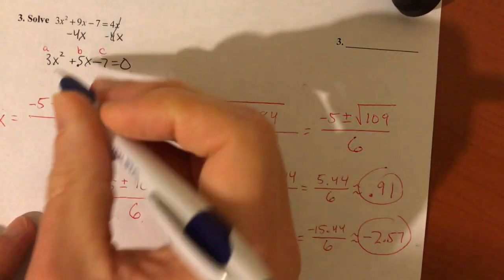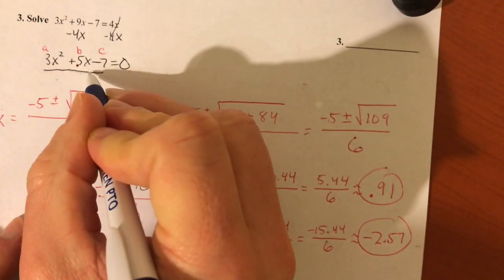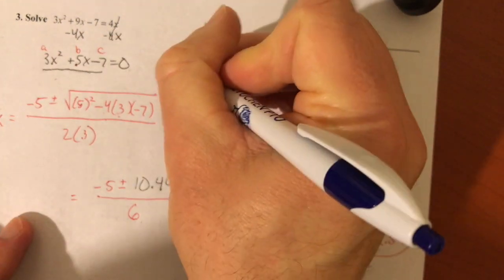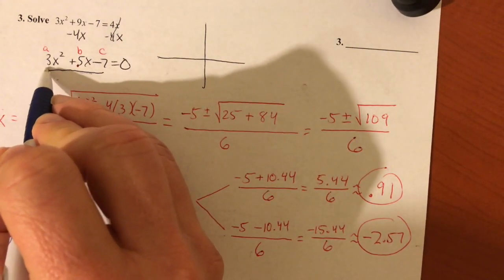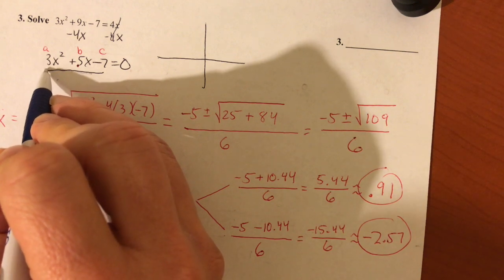and if you want to check this out on Desmos to see it, I'll just tell you, here's what you're going to be looking at. You would graph this right here, the equation after you made it equal to 0. You would graph that parabola, and here's what I would know about it just by looking at the equation. It's opening up because A is positive. If you wanted to find its vertex, you could.